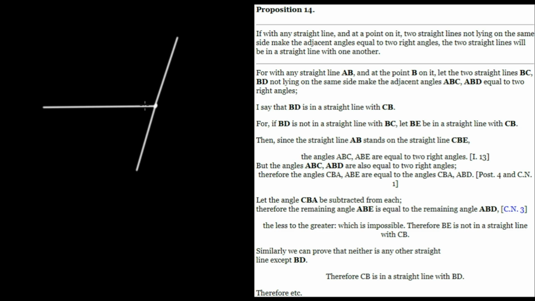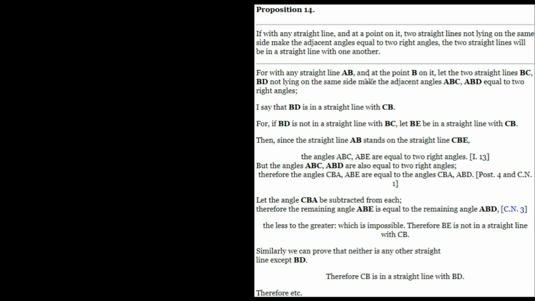He's saying that if these adjacent angles make two right angles, then this segment must be in a straight line with that segment. That's the claim. Now we're going to go through the proof.